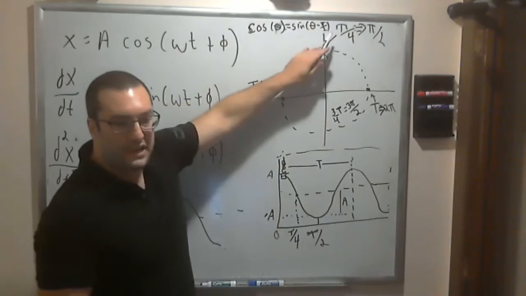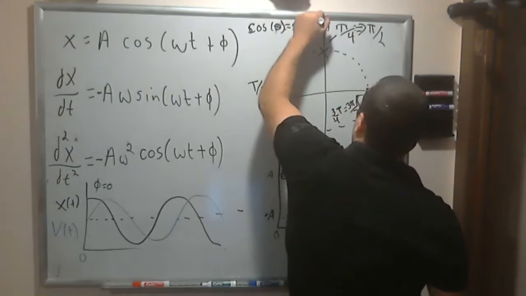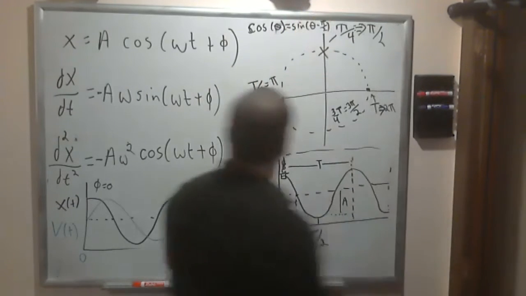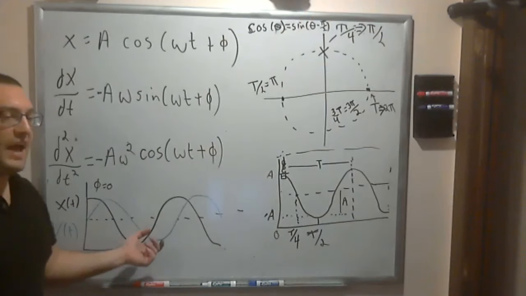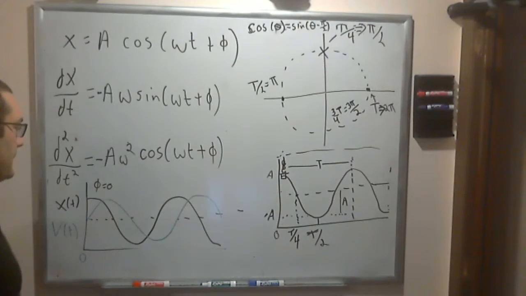It satisfies this relationship. So when we say things are out of phase, we mean that they're translated relative to each other.